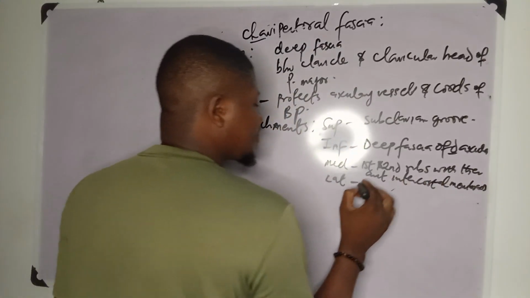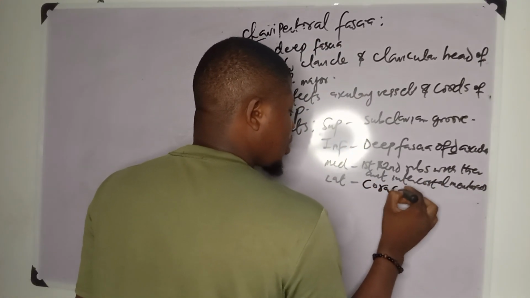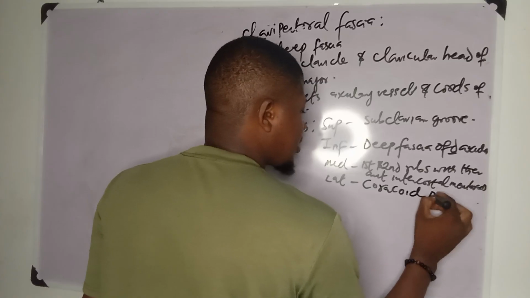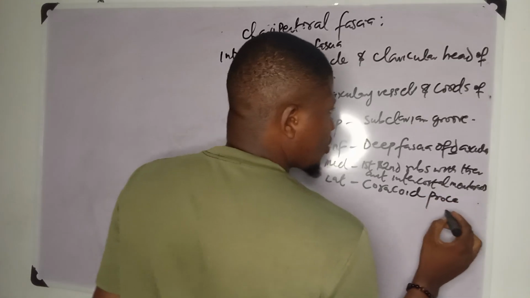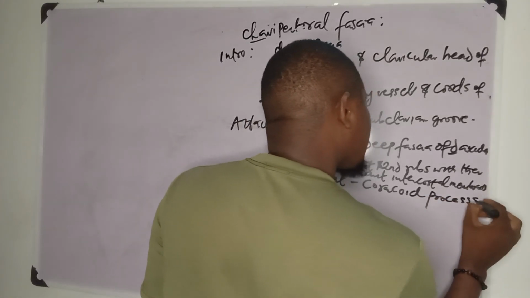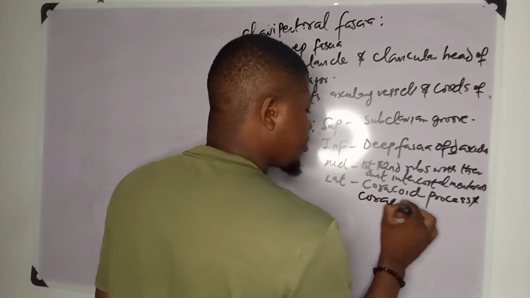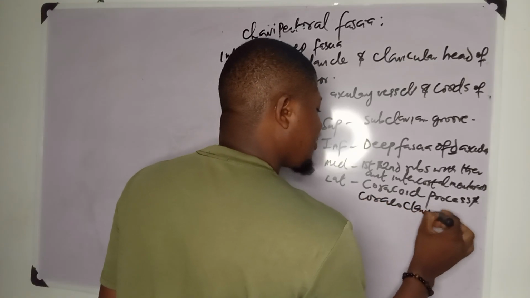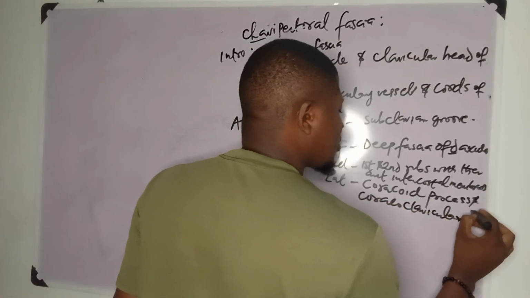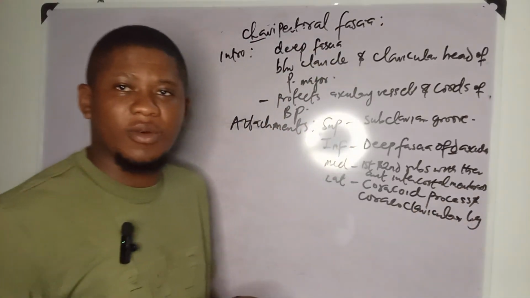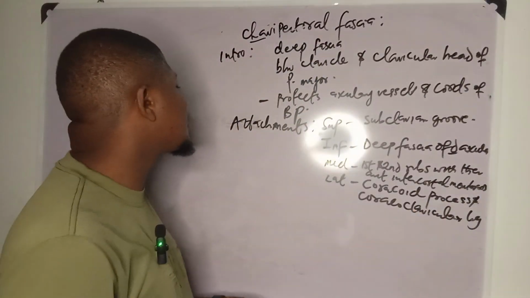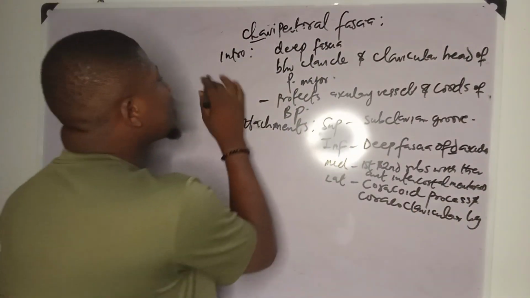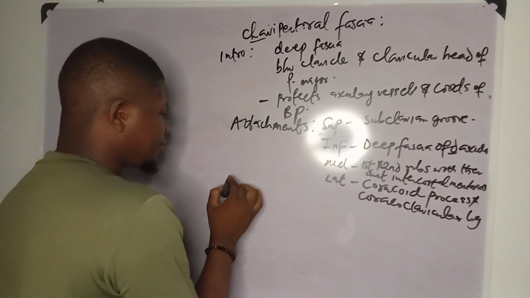Then laterally, it attaches at the coracoid process and the coracoclavicular ligament. So these are the attachments of this fascia.